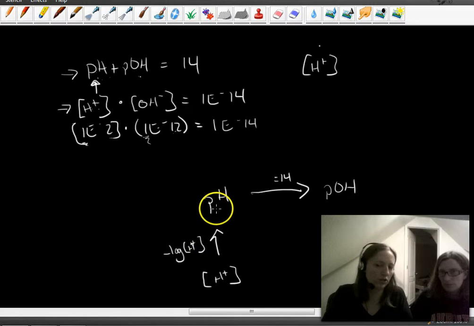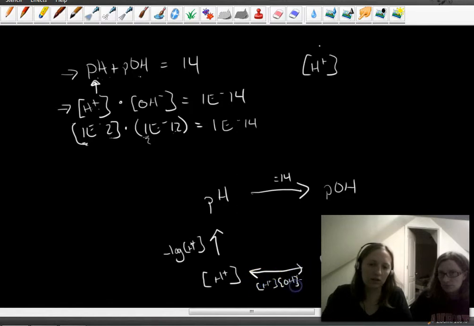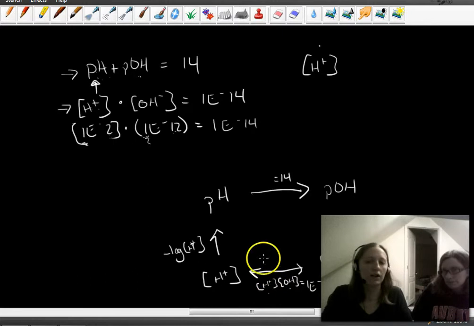For your OH minus concentration, we just did this: multiplied together, they equal 1e to the negative 14. So if you know one, you can divide to get the other. And to get from here to here, it's negative log of the OH minus concentration.